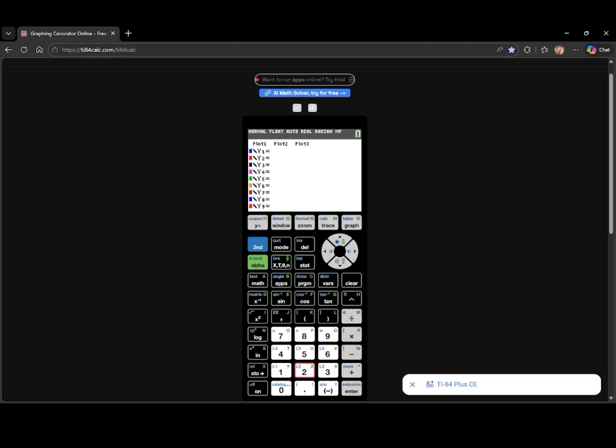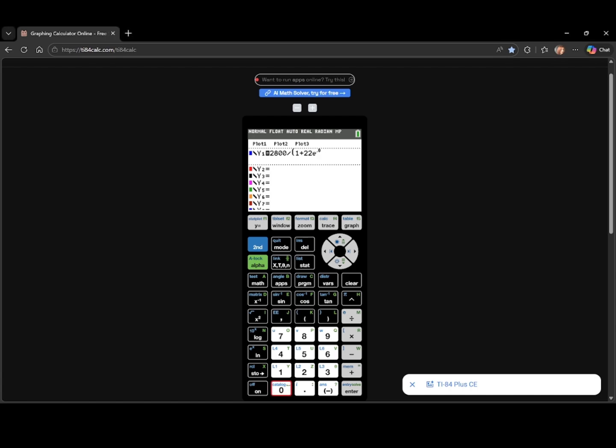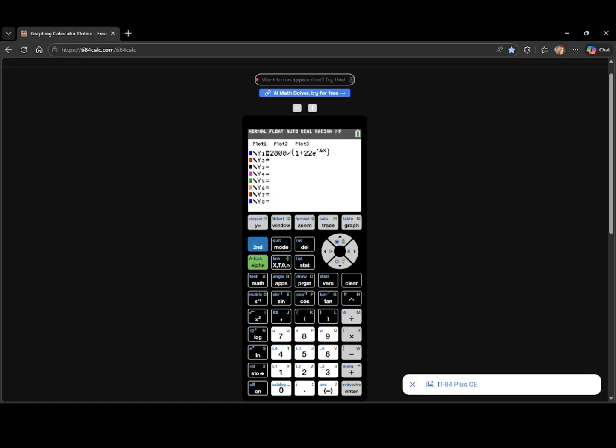We're going to go to y equals, and plot 2,800 divided by 1 plus 22 e to the negative 0.6 x, and close parentheses. We could look at the graph, but we'd have to figure out what window we want to see.